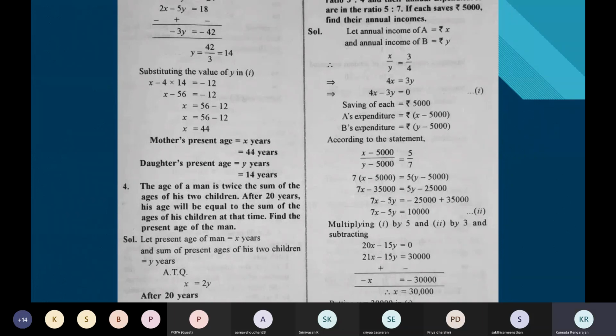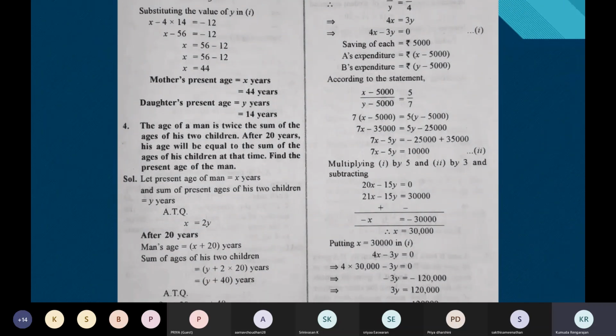Y plus 16. Because in y, there are 4 children. Each of their ages will increase by 4 years. So plus 4, plus 4, plus 4, plus 4. The sum of their ages after 4 years will be y plus 16. All right, children. So that's what it is.